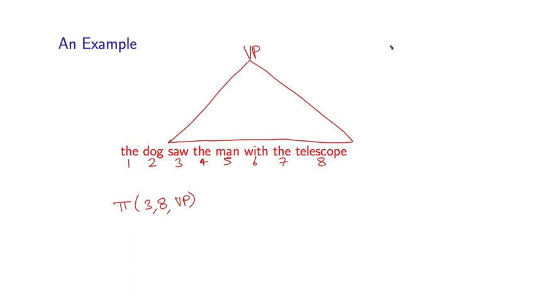And in particular, there might be at least a couple of VPs here. One where the telescope is modifying saw, so the telescope is being used to see the man, and one where the man has the telescope. Those will in general correspond to two different parse trees. And pi of 3, 8, VP is going to be the highest probability for any of those different ways of reaching VP spanning these different words.